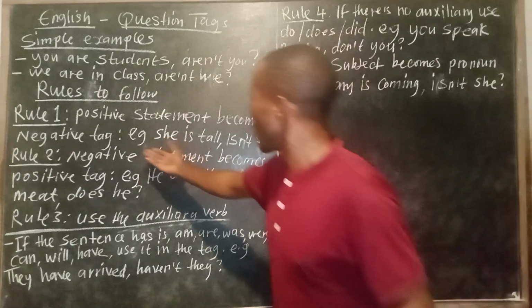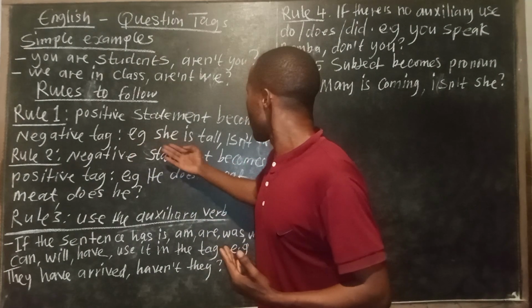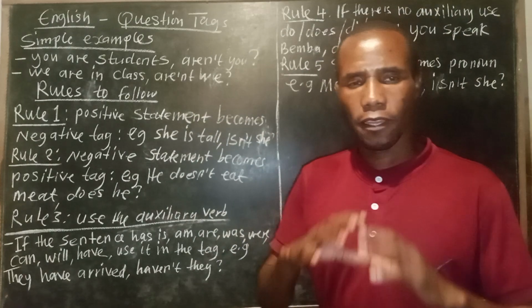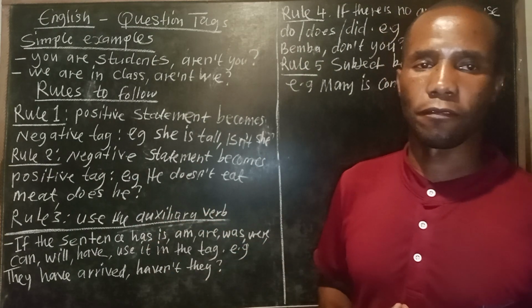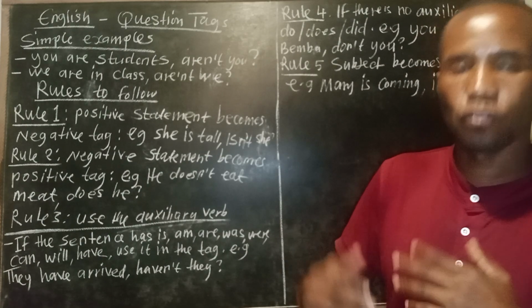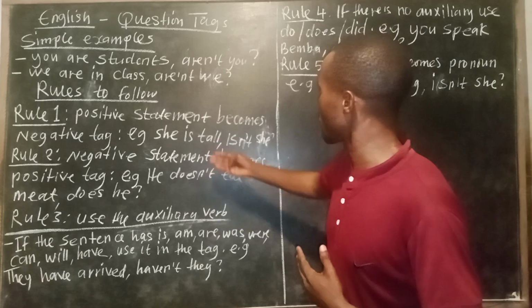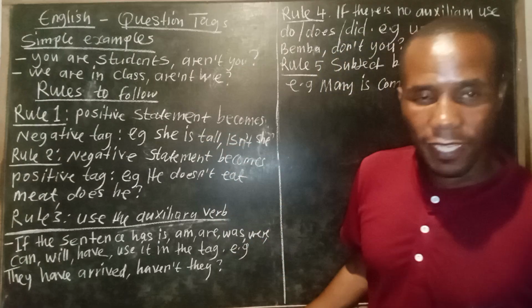For example, I've given you an example. She is tall. That is positive. Now, in the question tag, it should be in a negative way, whereby you say, isn't she?